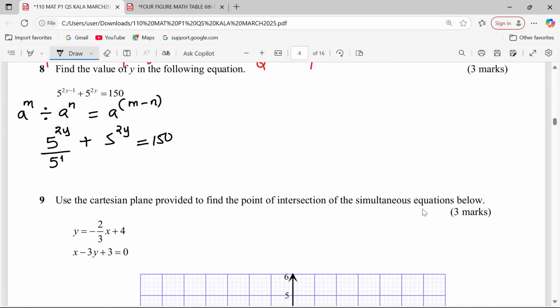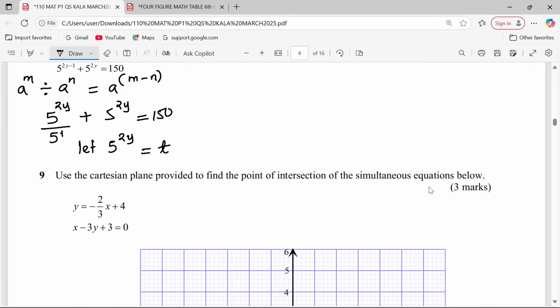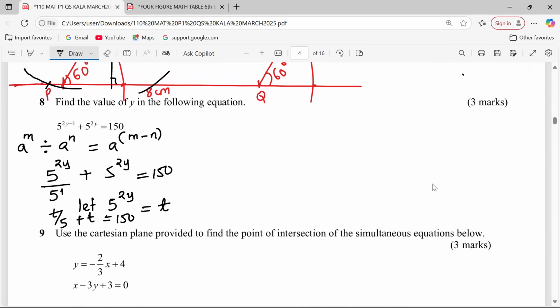So at this point now, we can let 5 power 2y, which is appearing in two different cases, be a certain unknown. Talk even about t, such that t over 5 plus t equals 150. Now I'm rewriting the equation. t over 5 plus t equals 150.